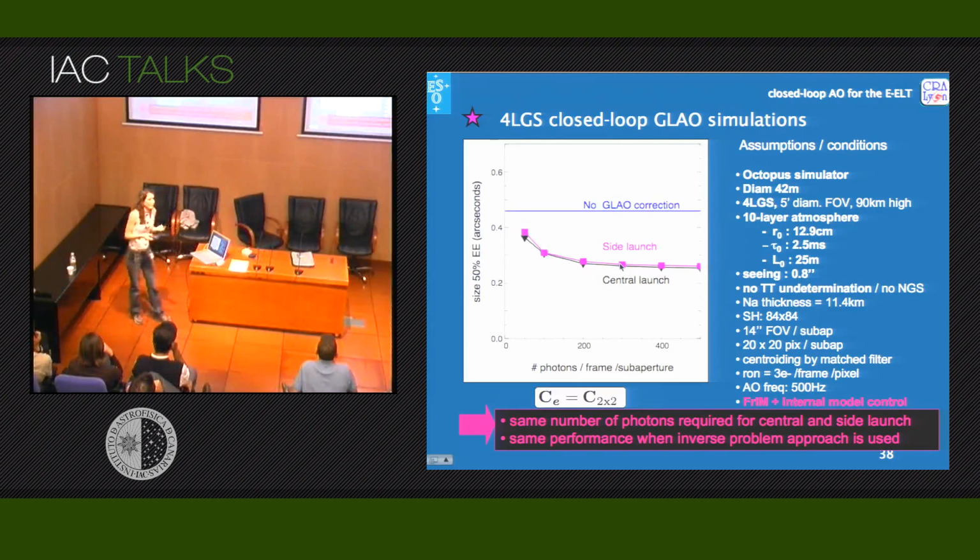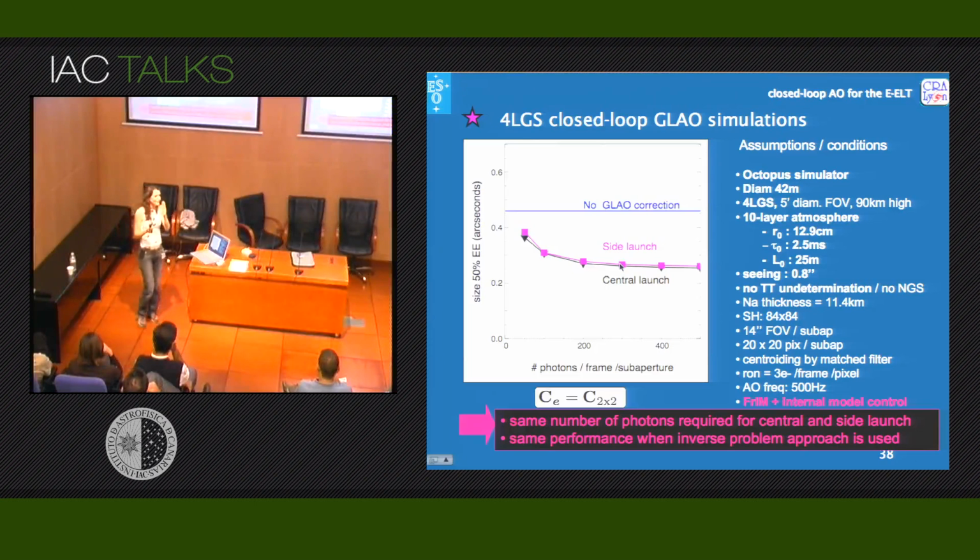And these GLAO simulations have been completed by laser tomography simulation done at ESO, which also shows that for diffraction limited correction, side launch and central launch can perform equally if you use the noise correlation due to the elongation.